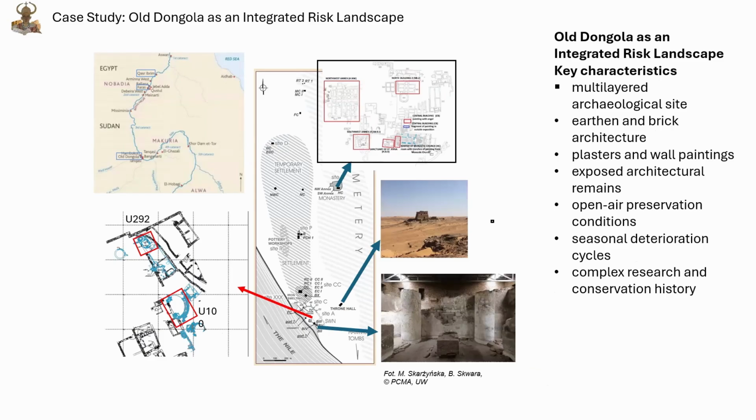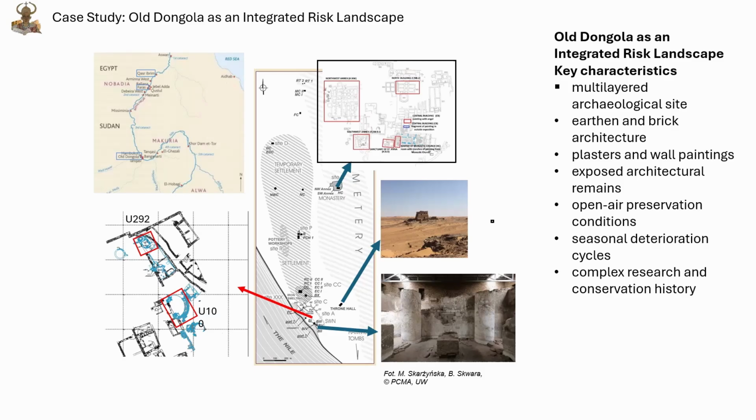Old Dongola can be presented as an integrated risk landscape because of many of the issues discussed in the lecture. It is a multi-layered archaeological site with architecture, plasters, wall paintings, earthen materials, also brick structures and complex historical phases.